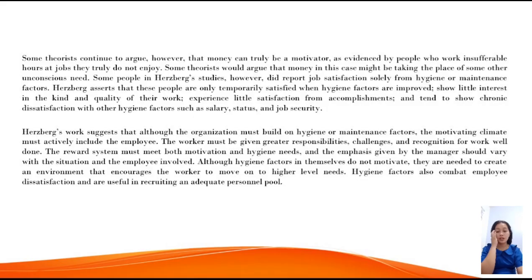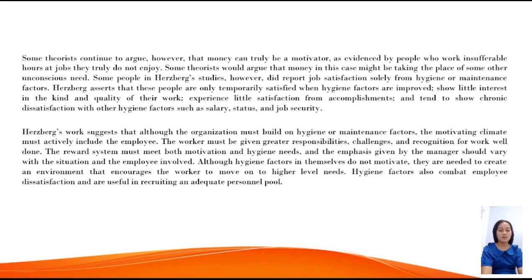Herzberg's work suggests that although the organization must build on hygiene or maintenance factors, the motivating climate must actively include the employee. The worker must be given greater responsibilities, challenges, and recognition for work well done. The reward system must meet both motivation and hygiene needs, and the emphasis given by the manager should vary with the situation and the employee involved.